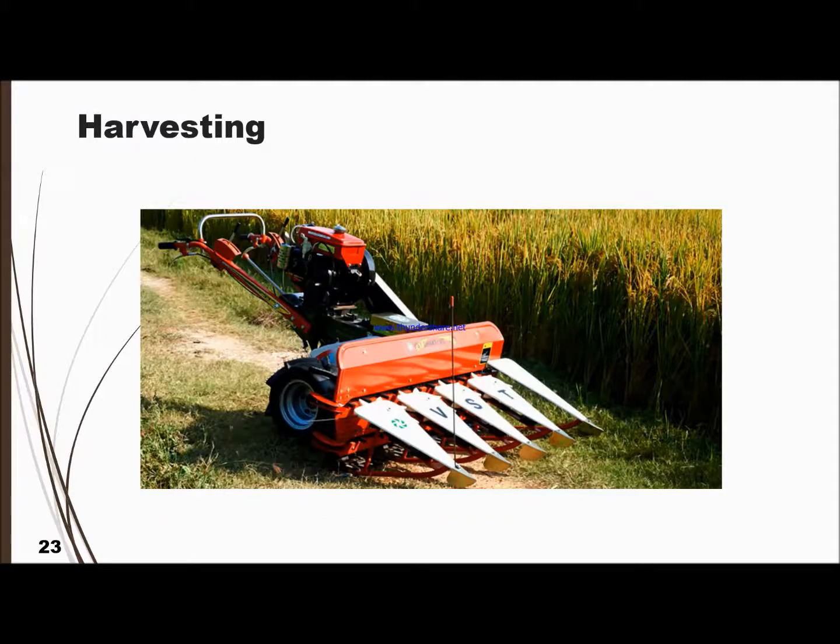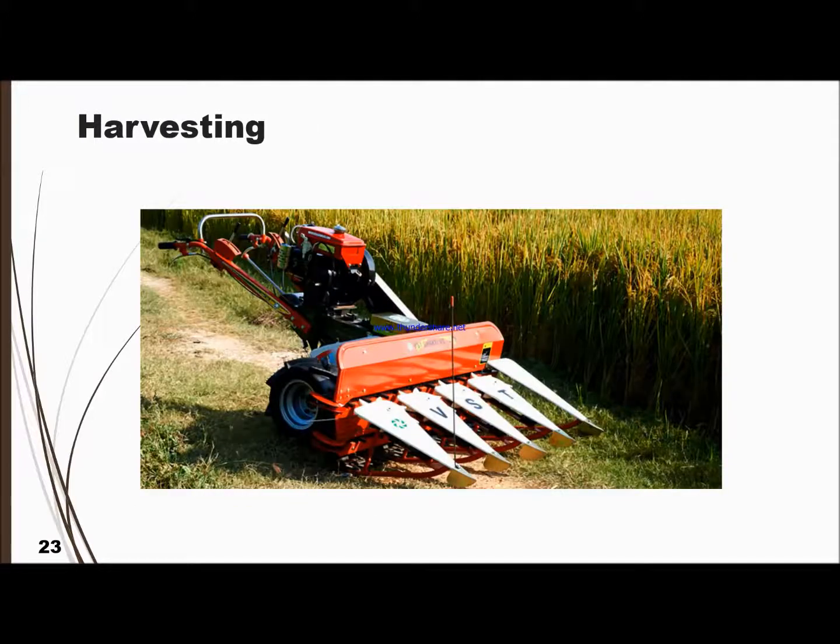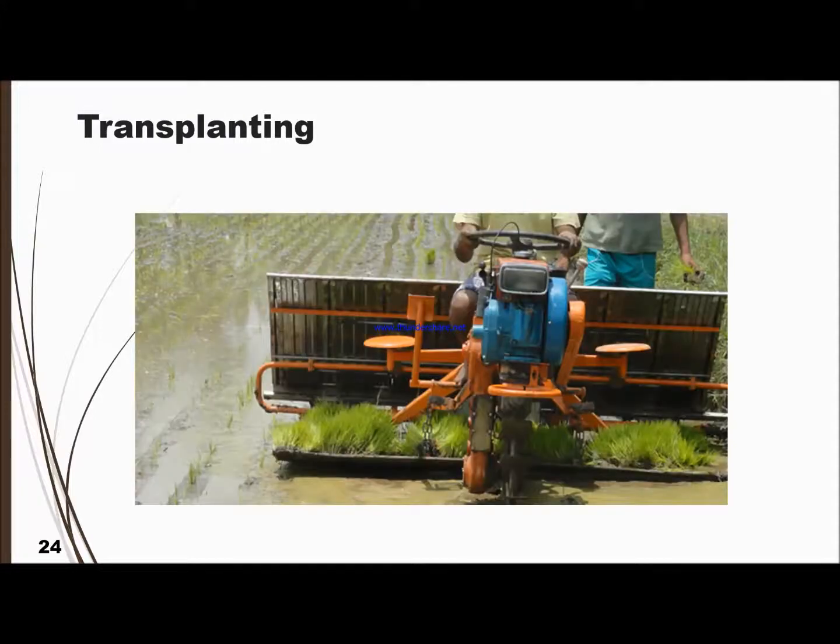We also have power tiller size for harvesting, but this is going to be a bit more work than the standard combine harvester. In this case, you still have to have manual operation, like collection of the rice straw and the paddy. And for small size transplanting, we have a transplanter machine that can be operated on the farm, so relatively cheaper.